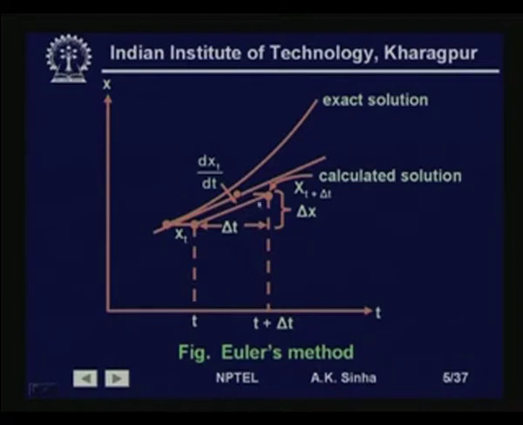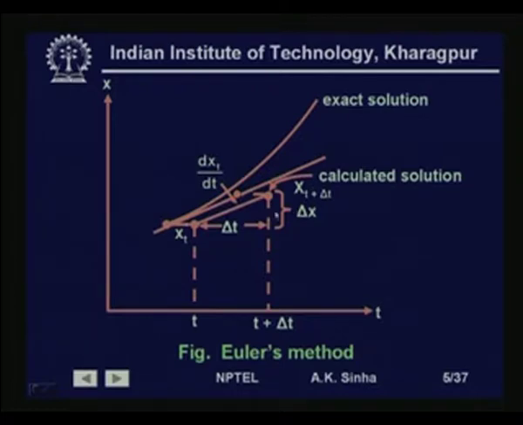So, slope at this point into delta t will give me this delta x, and therefore, the value of x at t plus delta t is given by this x t plus delta x, which is nothing but dx by dt into delta t. So, this delta x is this value.